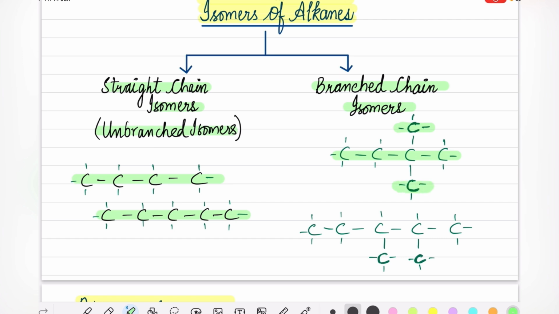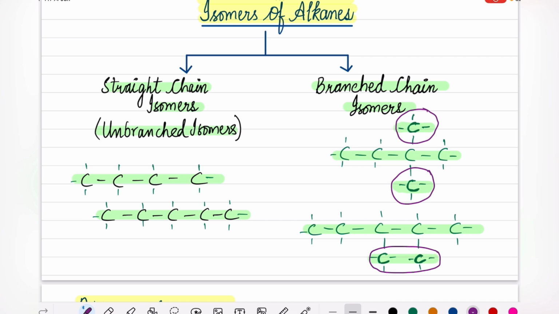This makes the branched structures. These carbon atoms, or the group of atoms that are present below and above the chain, are known as branches.